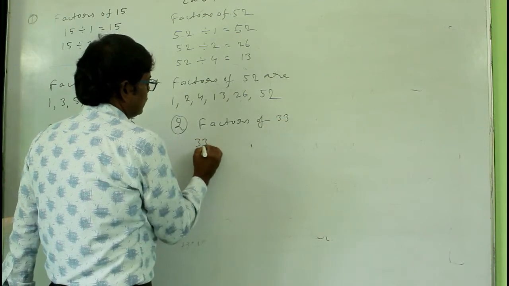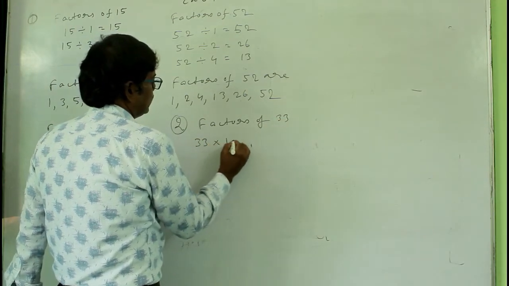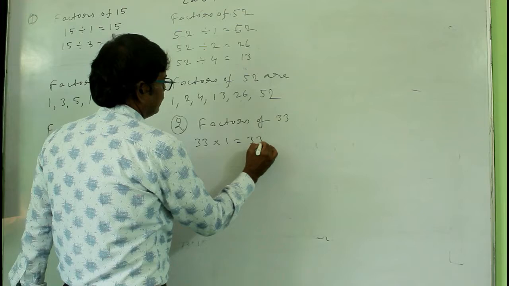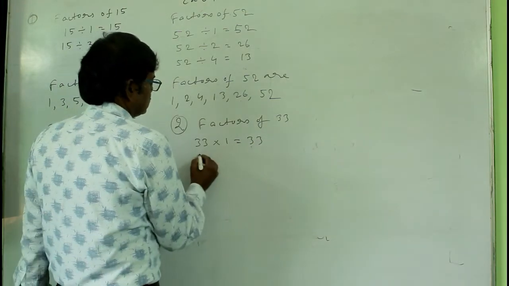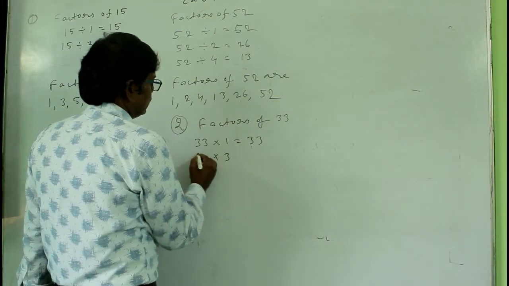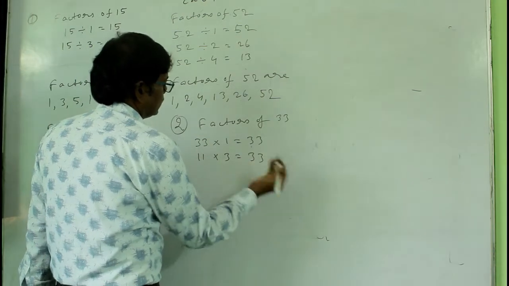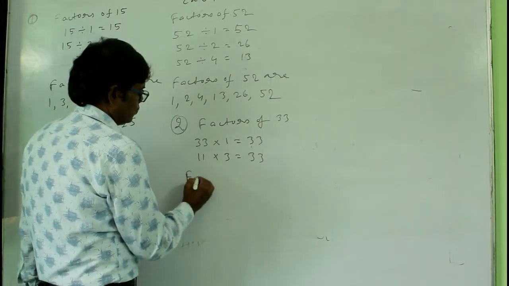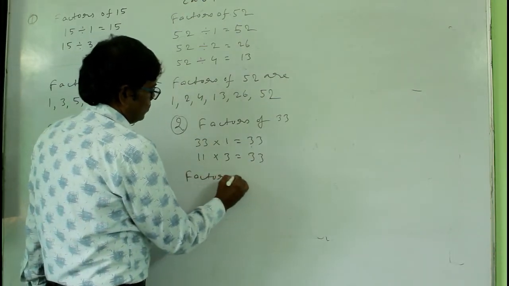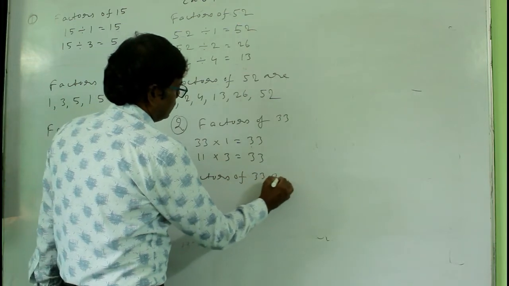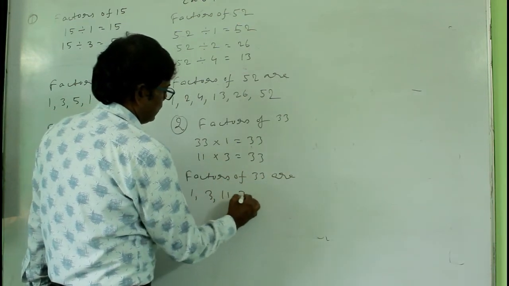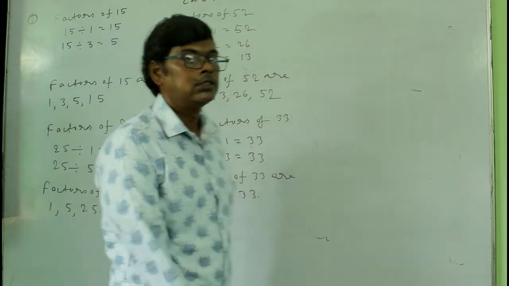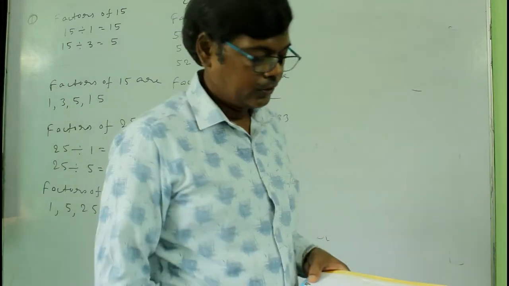So you can write 33 into 1 equals 33. Then after that, 3 into 11 equals 33. That's it. So the factors of 33 are 1, 3, 11 and 33. These are the 4 factors of 33.